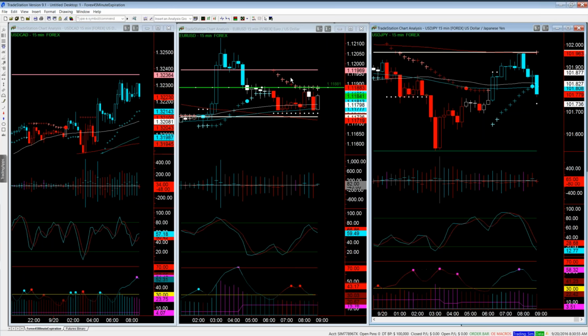It has 30 minutes to get above the green line. And now you can see we're not getting a lot of volatility off of this market report.